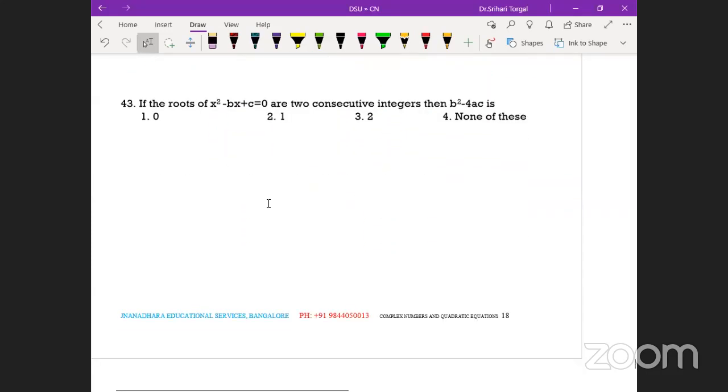Next. If the roots of x square minus bx plus c are two consecutive integers, then b square minus 4ac. I told you already, answer is 1. It may be anything.